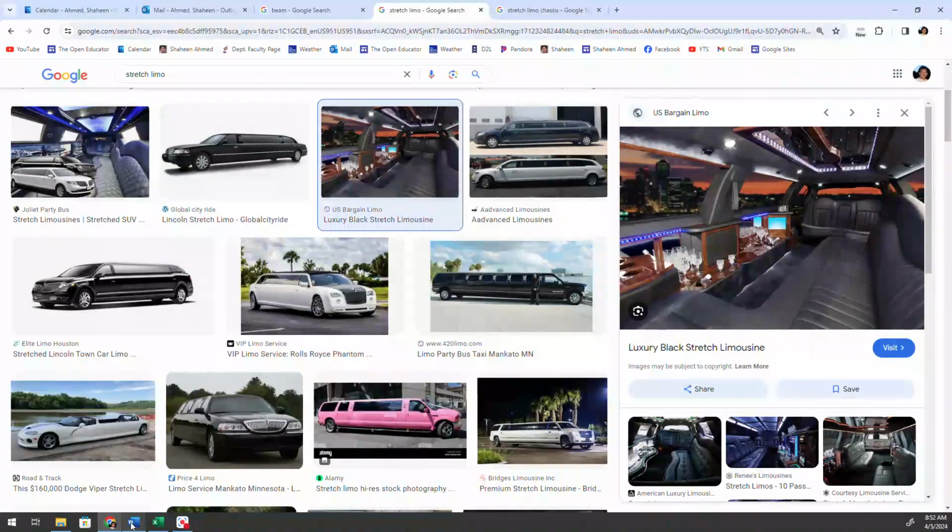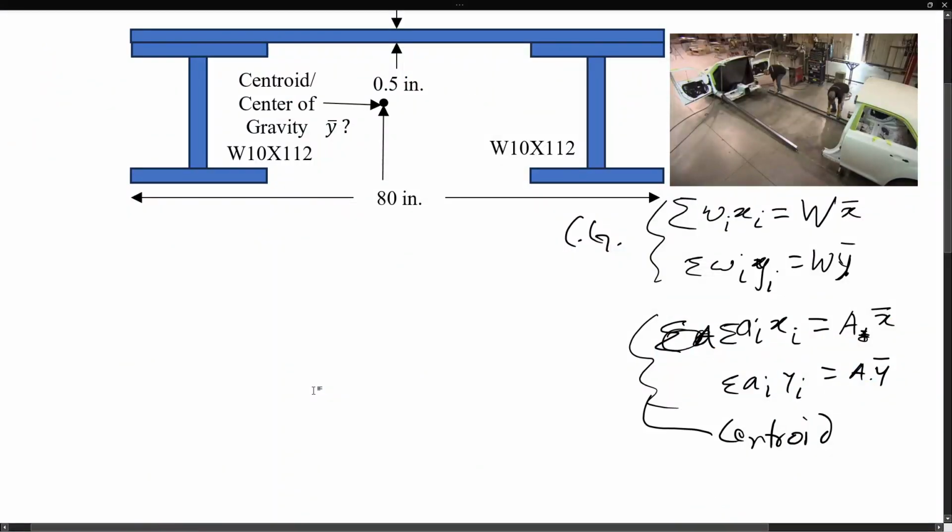So in this example, we are actually doing that. Before you do any load analysis, to find how much a structure can take, you have to know the center of gravity. That is the first step of any load calculation. In this video, we'll be talking about how to find that. In fact, we'll be finding the centroid because of these common basic shapes. Here you have these two wide flange beams, W10 by 12, and a half-inch thick sheet all across this bed.